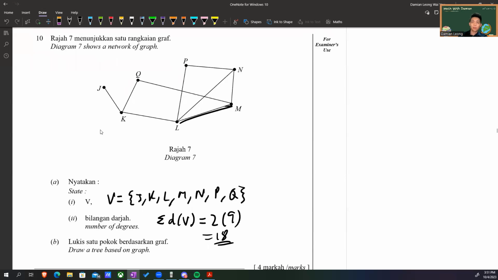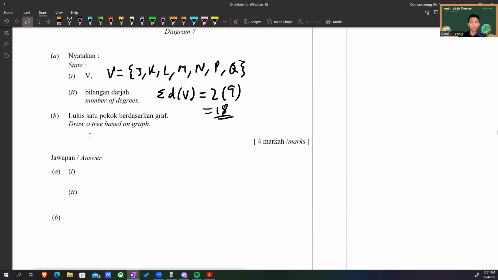Another way is to count the degrees for each vertex, meaning how many edges connect to it. Counting, it's also 18. Either way is fine.